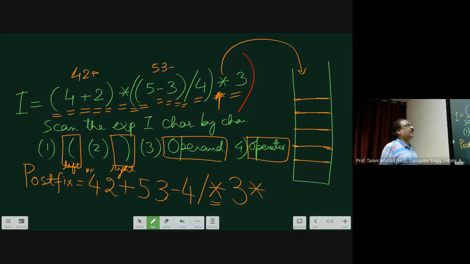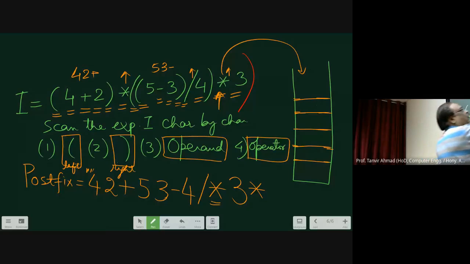Now we are left with three operators: multiplication, division, and multiplication. Obviously, all three have the same precedence, but you will have to process the bracket first. Therefore, I will write 4 and slash, and this is the equivalent of this.